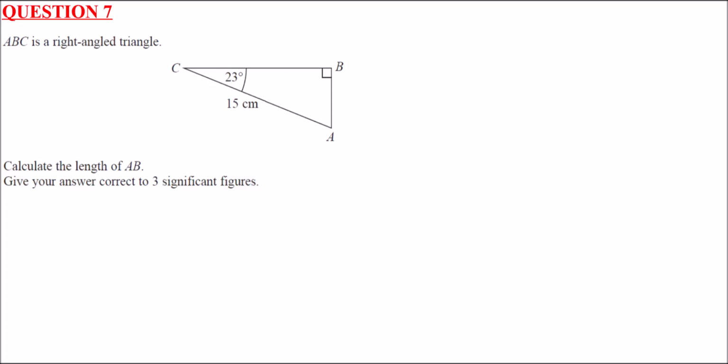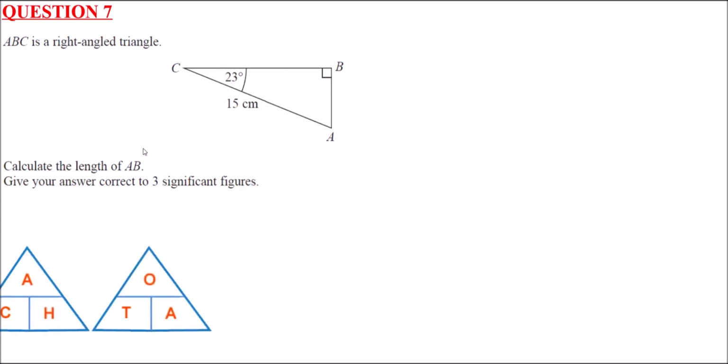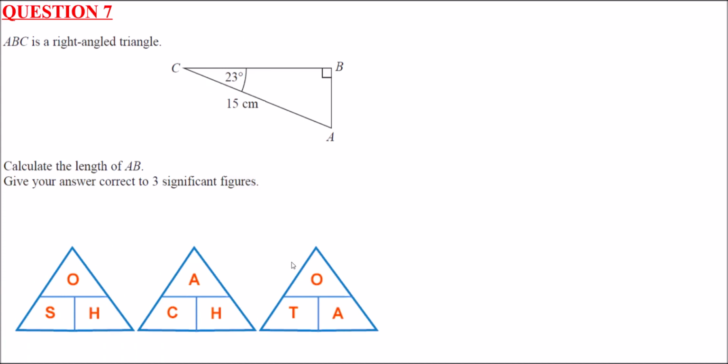So for trigonometry, we need to be thinking of these 3 things: SOH, CAH, TOA. And again, I'll include a little tiny hand to cover up what we want to work out. I'll come to that in a moment. So, the first thing I'd say would be to label the sides of the triangle. The opposite side of a right-angled triangle is the side which is opposite to the angle in question. 23 degrees is the angle we're given, so that's the opposite side.